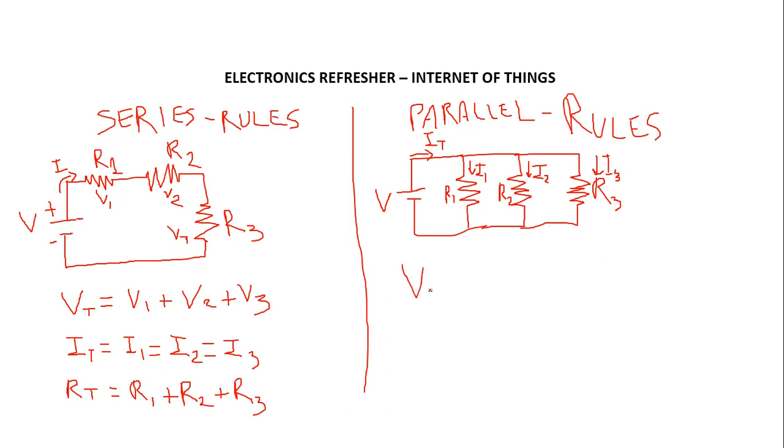Well, the rule for the voltage is that the voltage is going to be equal to the voltage 1, the voltage 2, and the voltage 3. Our voltage 1 is going to be here. So if you put your multimeter here, you're going to have the voltage 1 here.